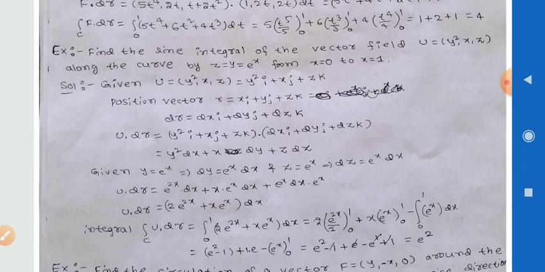Taking dx as common, we get 2 into e power 2x plus x into e power x dx.